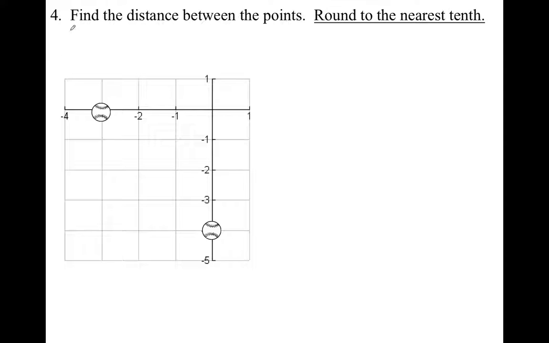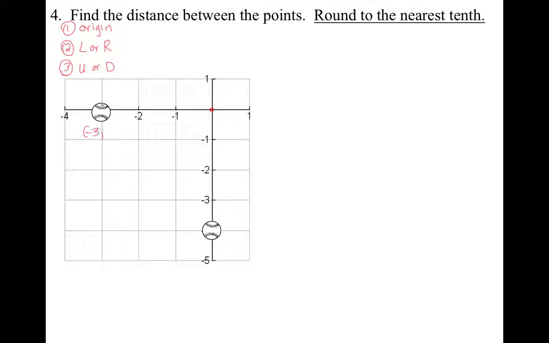So remember, we said the steps were to first start at the origin. Second, we're going to move left or right. Third, we're going to move up or down. Starting at the origin, I had to move to the left 1, 2, 3 spaces, so that means that my x coordinate would be -3.